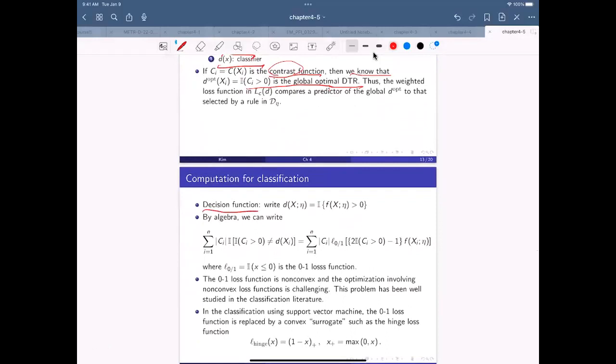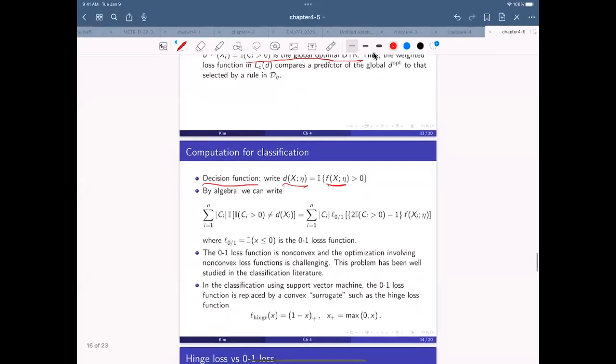So instead of trying to find the function D directly, they try to estimate F, and then use F to construct the D classifier, essentially.